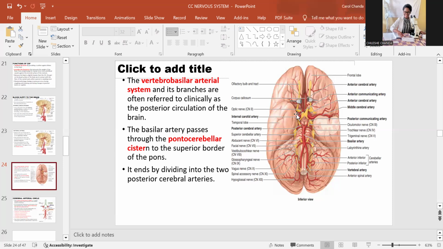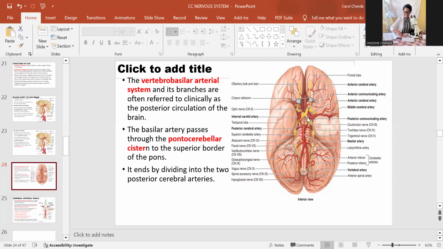And then it will give off branches. Once the posterior cerebral arteries communicate with the internal carotid, we are going to find that on the anterior aspect, a branch will be given off from the internal carotid to form the anterior cerebral artery.